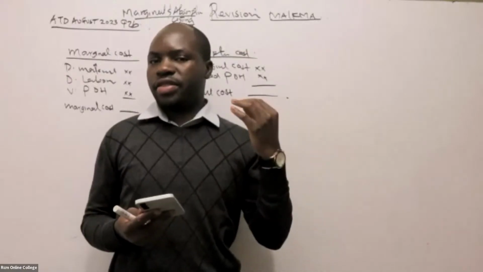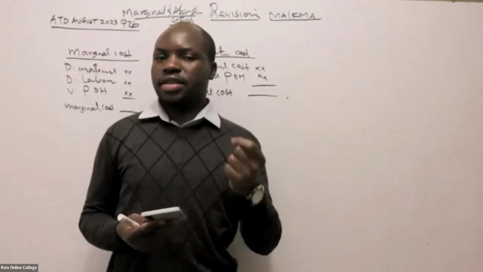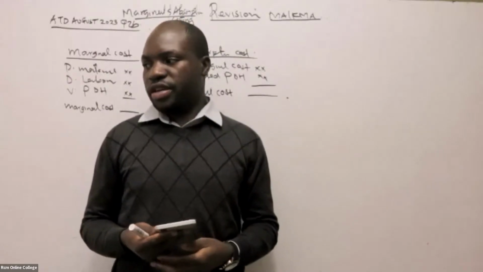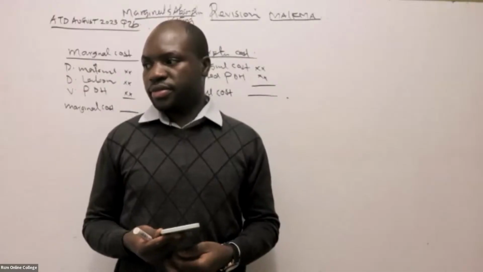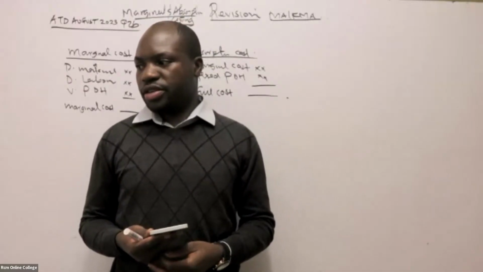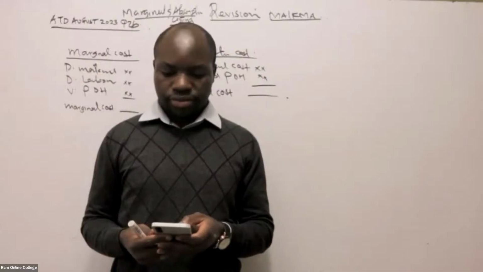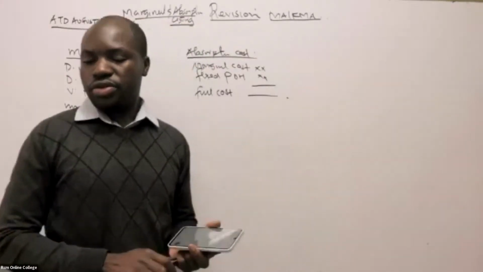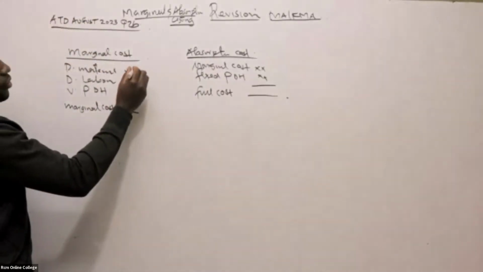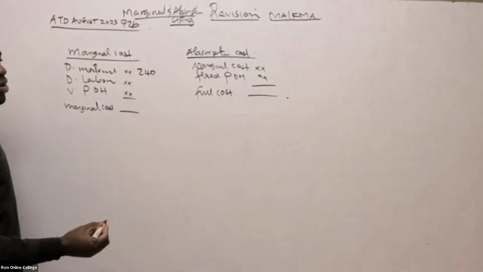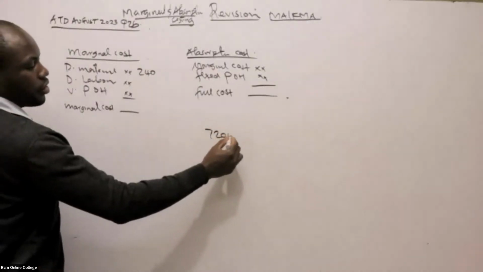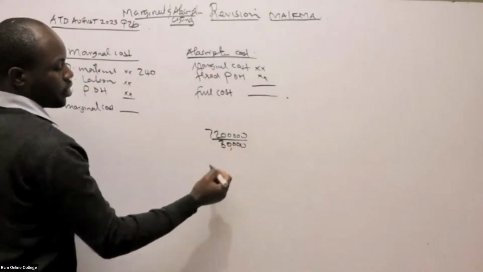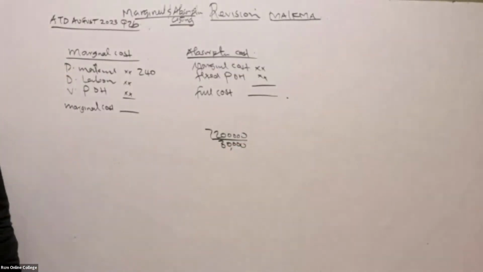When you divide that by 30,000, what are you getting as the material cost per unit? You are getting 240. 7,200,000 divided by 30,000, which represents the units that were produced.